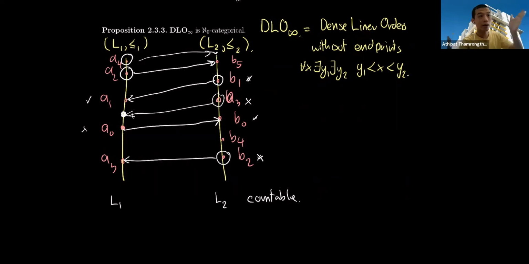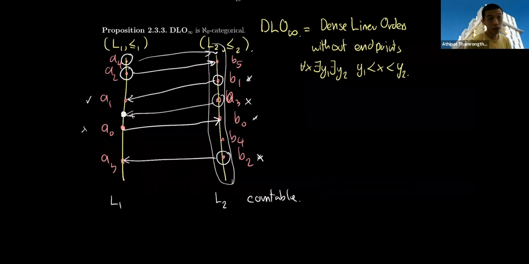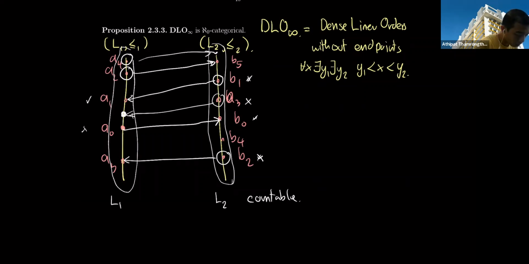By doing this back and forth construction, you can guarantee that at every step you preserve the fact that it is an order preserving map. Here, you're trying to exhaust everything on the L2 side, so we can guarantee that this map is surjective. And you're trying to exhaust everything on the L1 side, so you can guarantee that your domain is precisely L1.